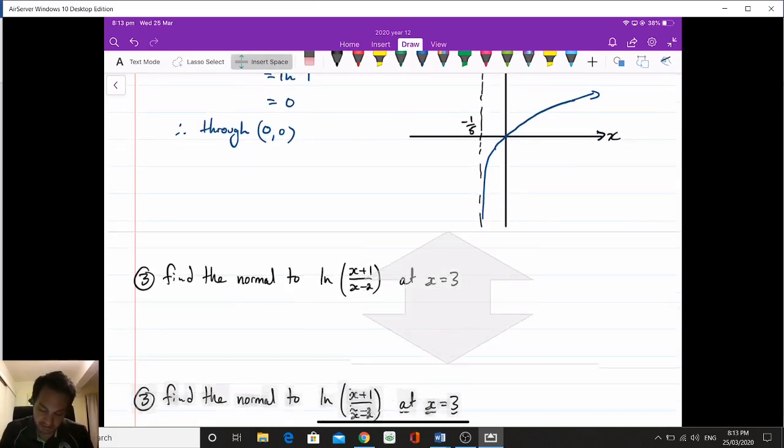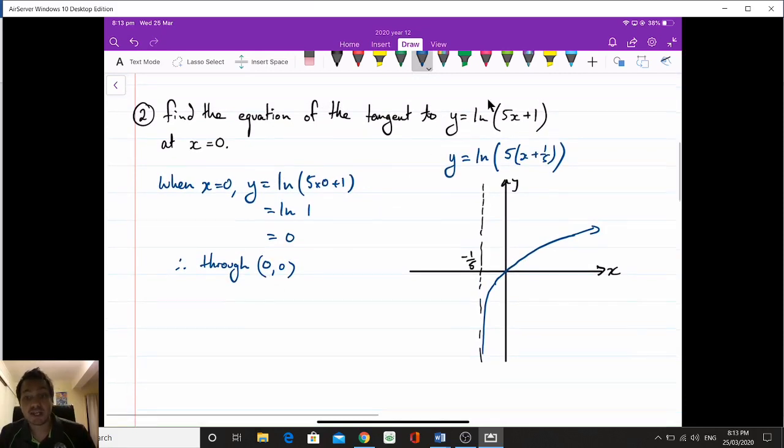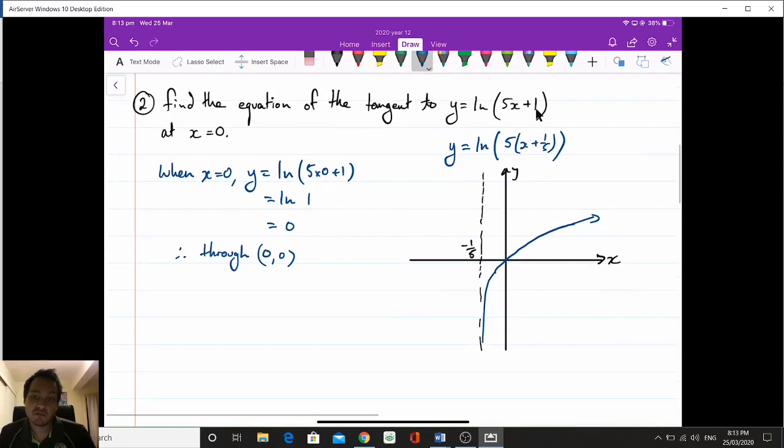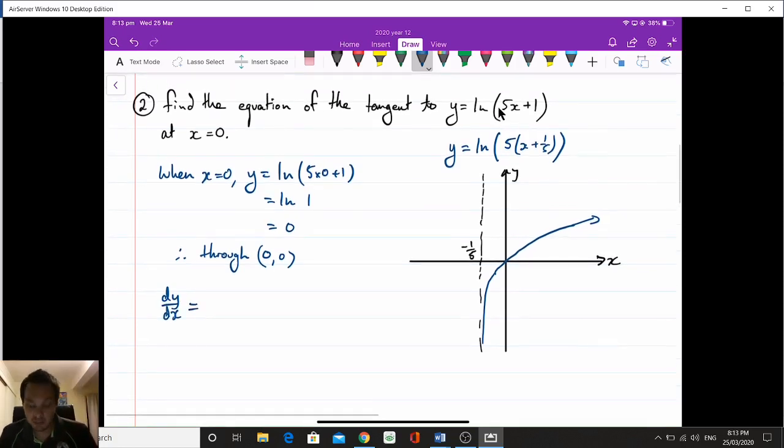Okay, so our next part, we've found the point, we need to find the gradient, so we want to differentiate y equal to ln of 5x plus 1. We'll say dy dx is equal to, now remember, this part is f of x, and from last lesson on our formula, we found the derivative of this function is f dash of x over f of x.